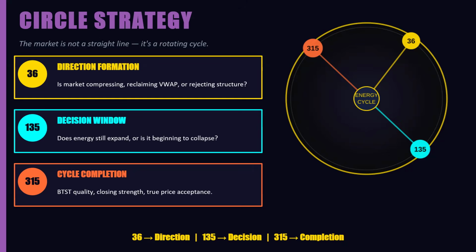Then what happens? You can take a BTST trade the next day, the market gaps up and reaches the target, and many times the BTST spikes up and then collapses. I can show you the example of yesterday's Nifty chart. What did it do after the 315 cycle?